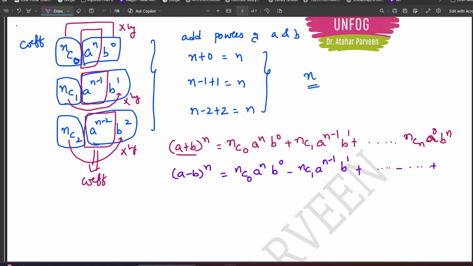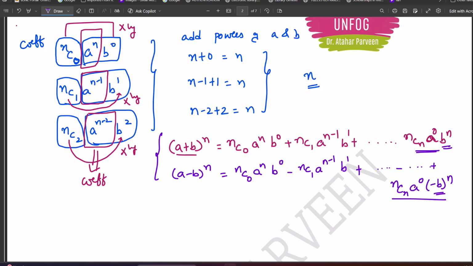Plus and minus will be written alternately in the expression. The last term will be the same, but one thing will be different here. NCN, A to the 0, minus B to the N. So the difference is that here you have B, here you have minus B. So these are the two binomial theorem expressions for two terms with the power N.